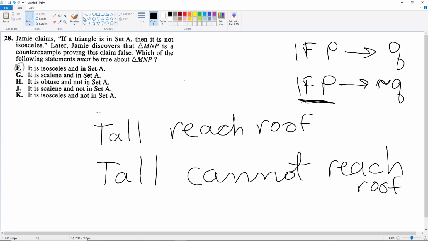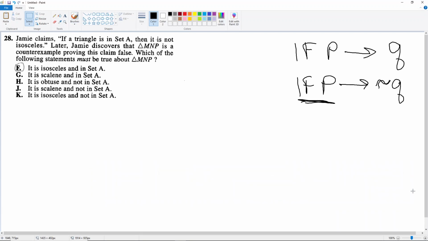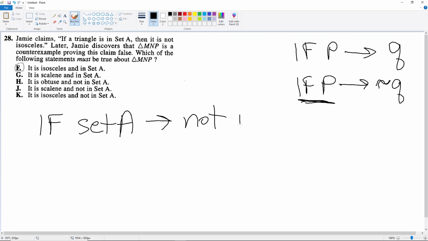So let's check this out for this specific question. Now, I'll give you a few more examples in a second, and then I'll also give a little explanation about triangles. It says, if a triangle is in set A, then it is not isosceles.